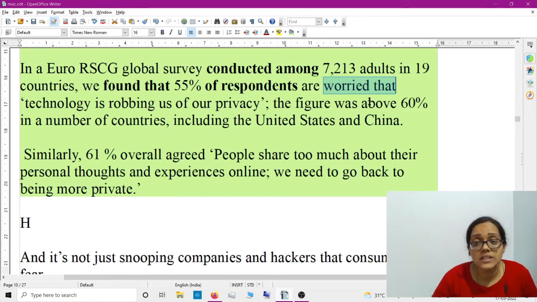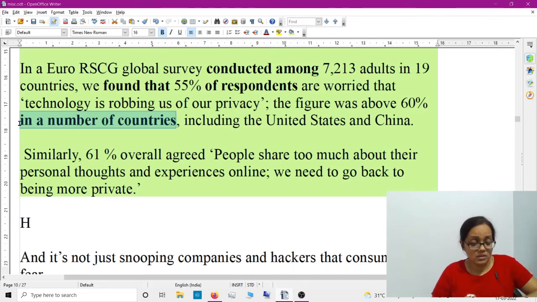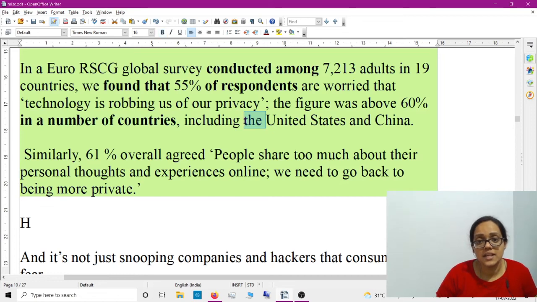The figure was above 60% in a number of countries, including the United States and China. Respondents, this is the point which I want to say, conducted among respondents.